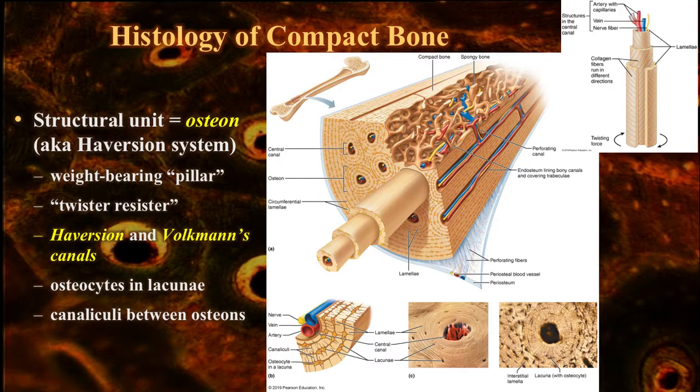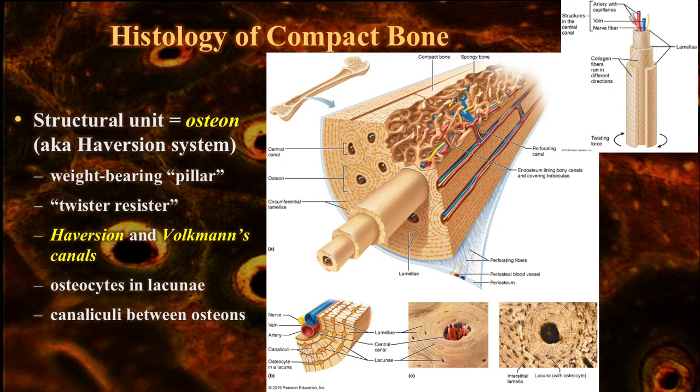So they connect those central canals to each other, and they connect into the medullary cavity in the middle. Okay? So that's how the blood vessels and the nerves are going to get through the bone. Because once that bone is established and the ground substance hardens, it becomes calcified, and you can't really move things through it. So we've got to have holes already made for our blood supply and our nerves to get through. Okay?